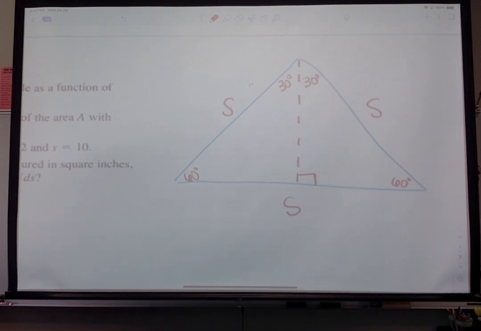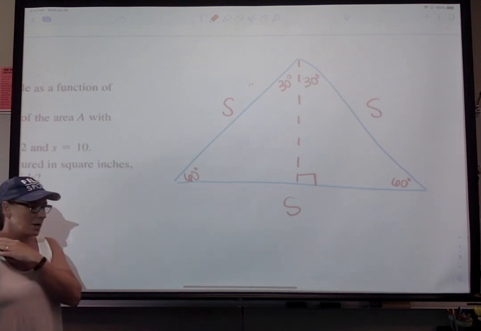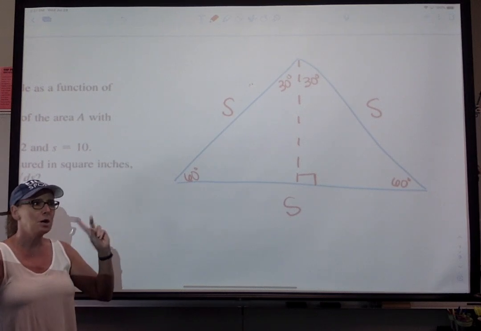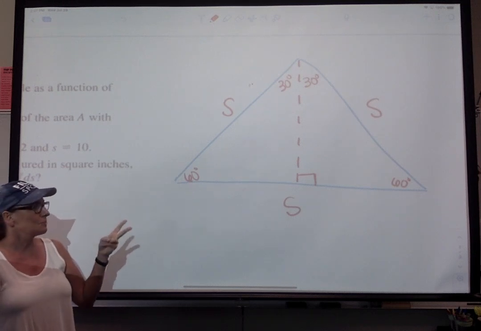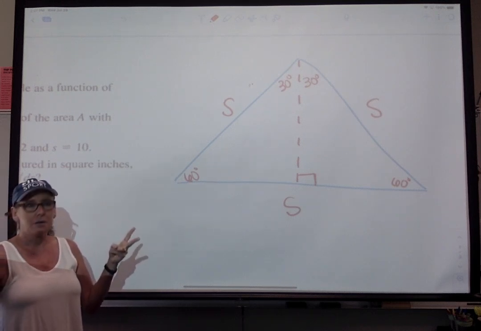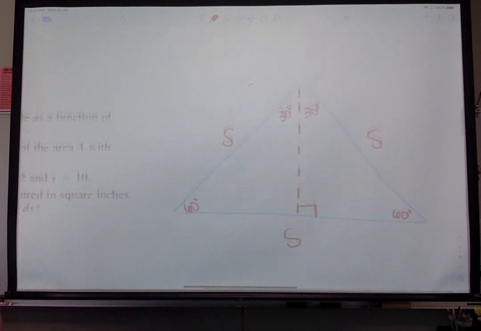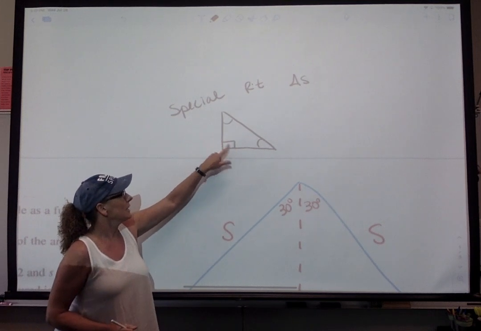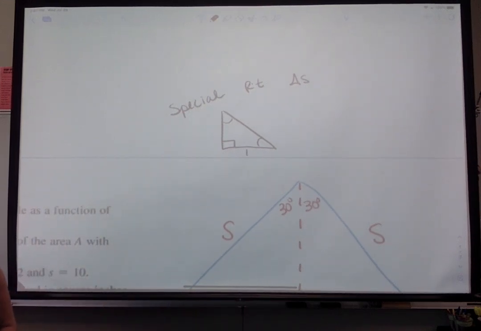All right, now, this is where you're going to need to think back to geometry. I'm not sure about Algebra 2, but in pre-calc also, we used special right triangles. You need to have your special right triangles memorized. On a 45-45-90, whatever each leg was, we can go 1, 1.